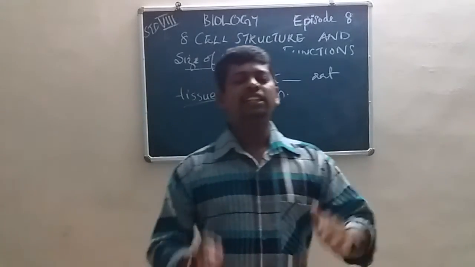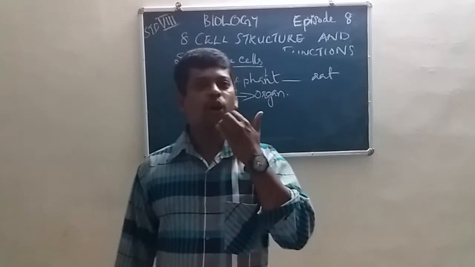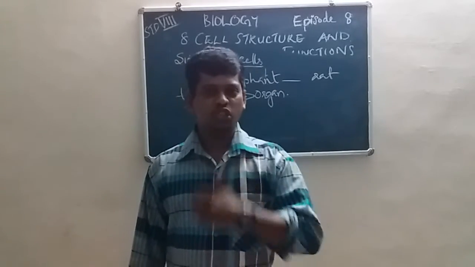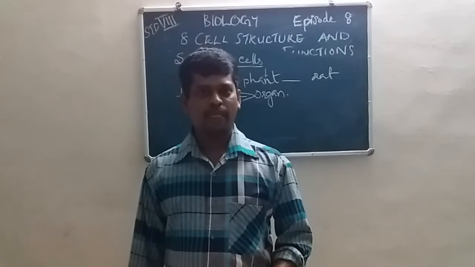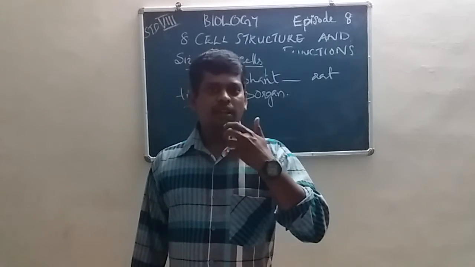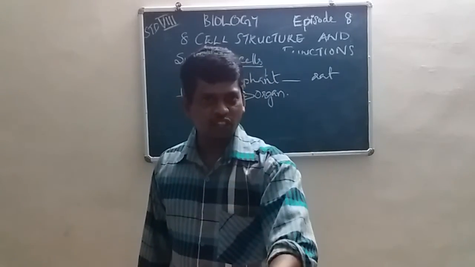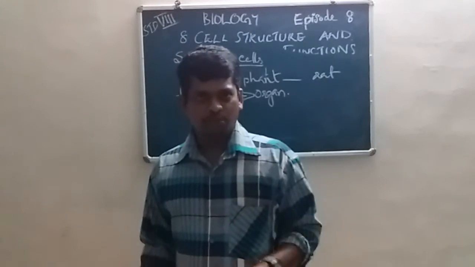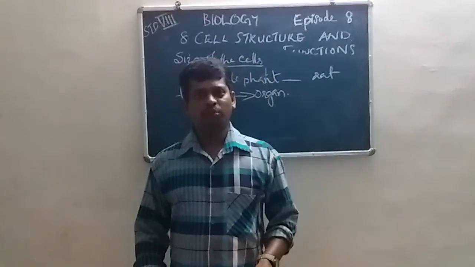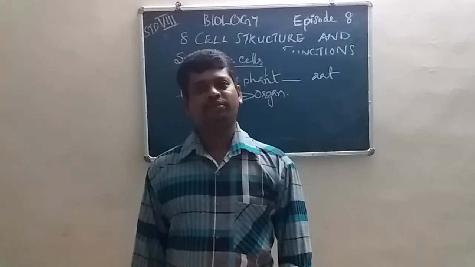For example, in the digestive system, look at the mouth, esophagus, stomach, small intestine, large intestine, anus. The mouth is one organ, the esophagus is another organ, the stomach is another organ. In a system, two or more organs are included.